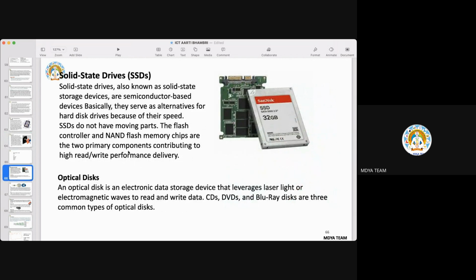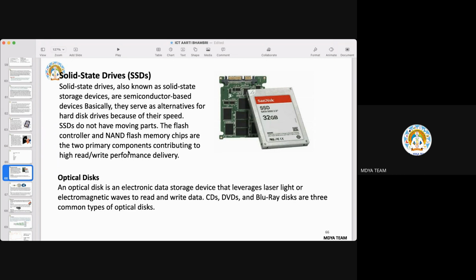Then SSDs are solid state drives. Solid state drives are semiconductor based devices, and they are the alternative for hard disk drives, because hard disk drives are somewhat heavy and their speed is less, because they contain electromechanical movement.